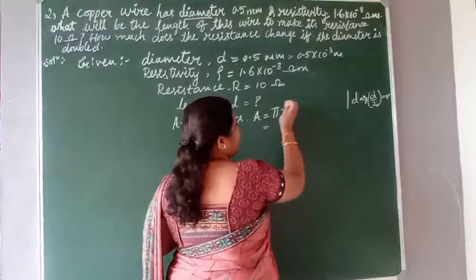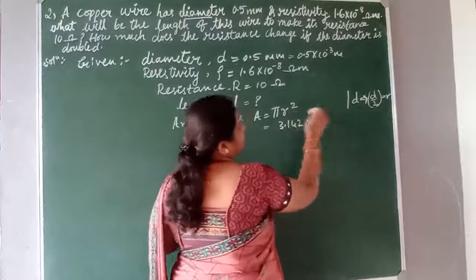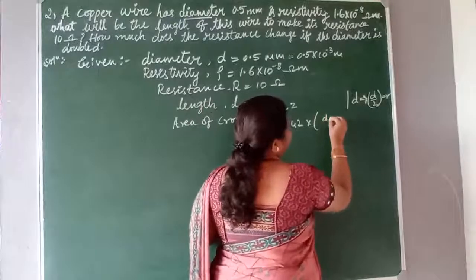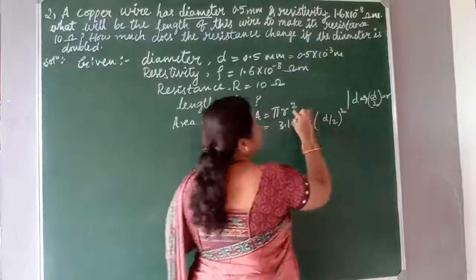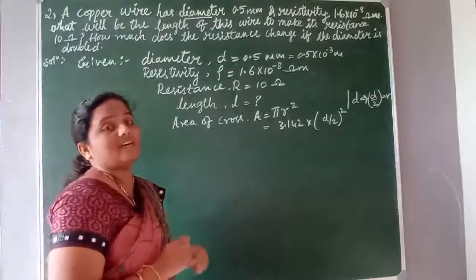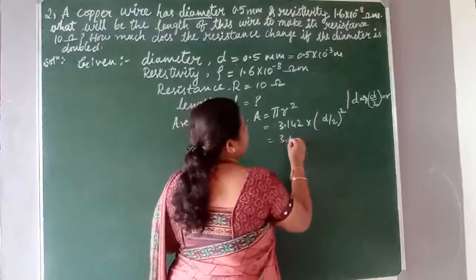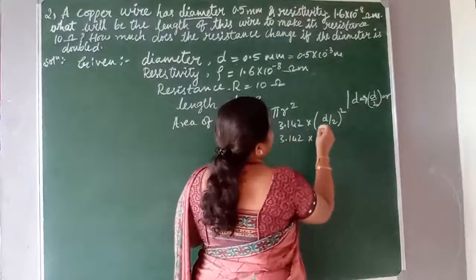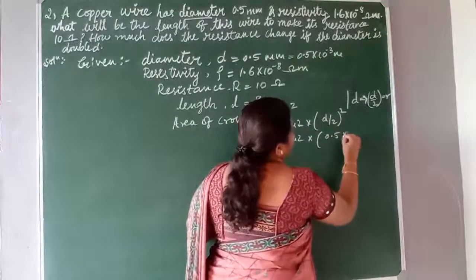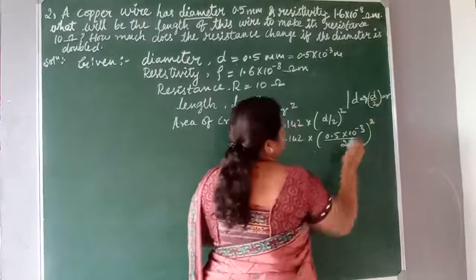Better I'll write 3.142 into r square, where r is nothing but d by 2, so D by 2 whole square, because radius square is there. So we can write that 3.142 into, what is the d value, children? 0.5 into 10 to the power of minus 3 divided by 2 whole square.